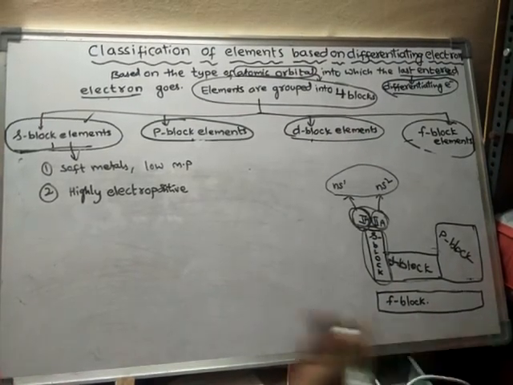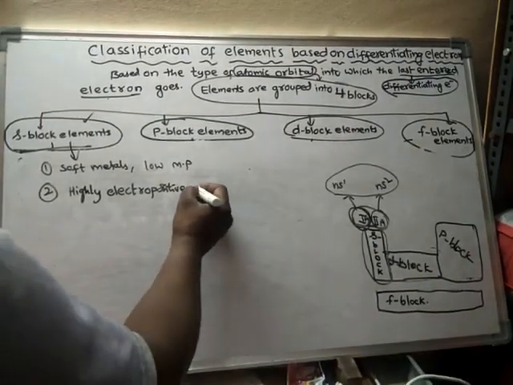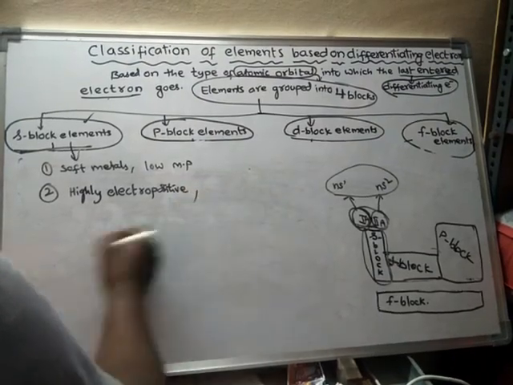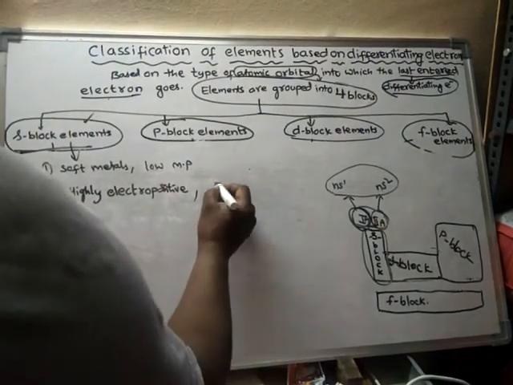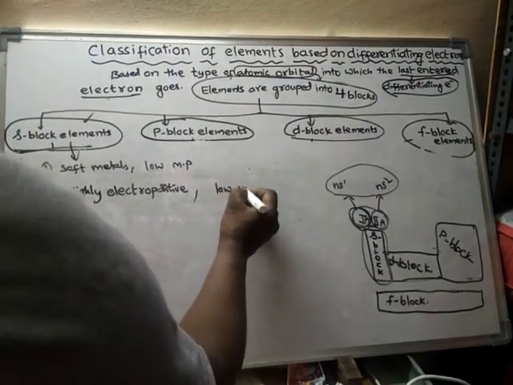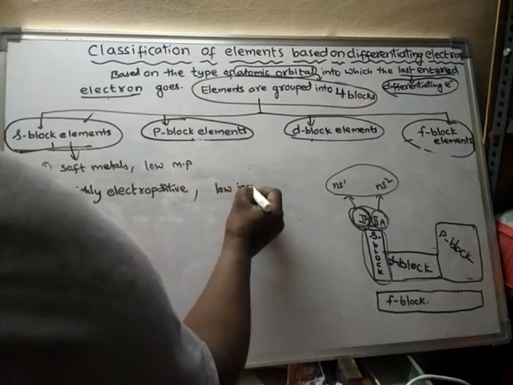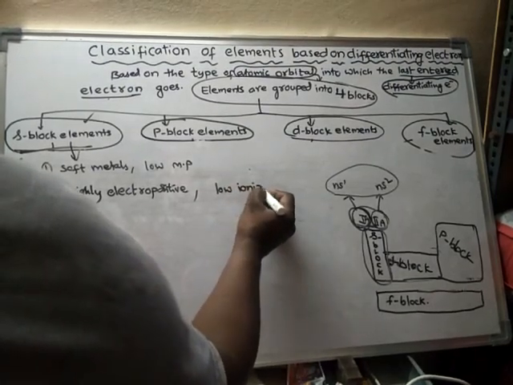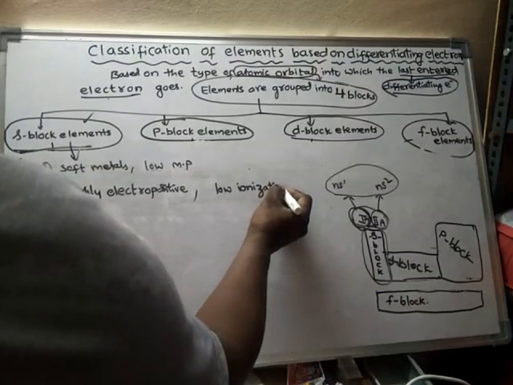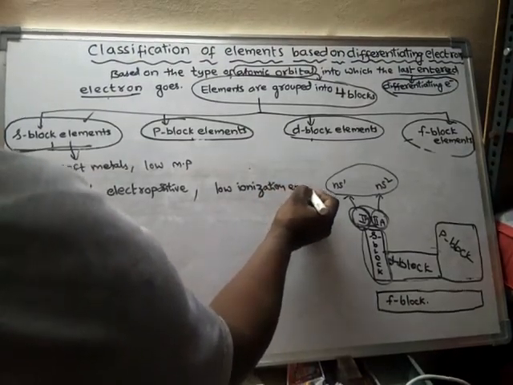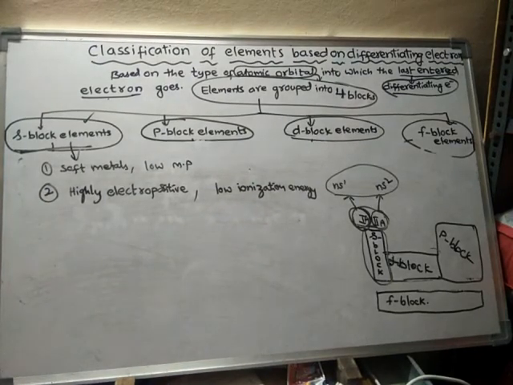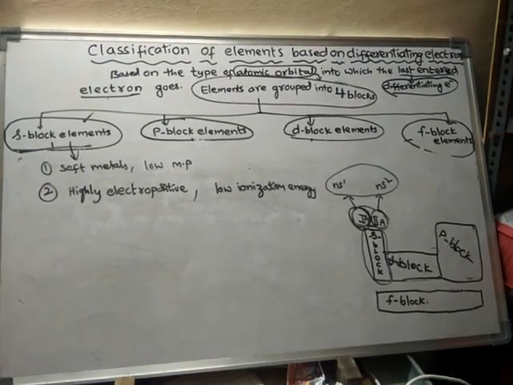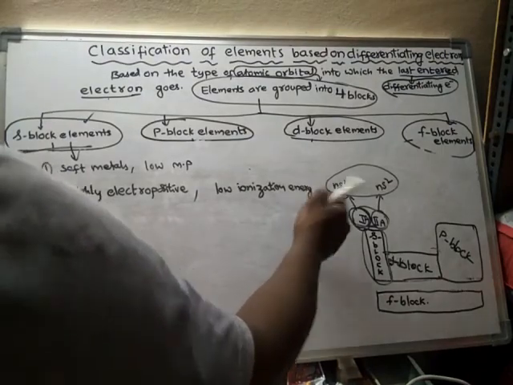All the S block elements are highly electropositive, and they possess low ionization energy. I will explain ionization energy in the future classes.